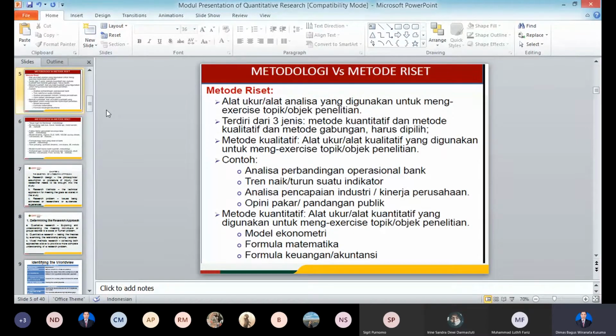For example, in the qualitative method, you use analysis of comparisons of bank operations, the trend of ups and downs of particular indicators, analysis of the industry achievements and performance, and fourth, the opinions of experts about particular public issues.